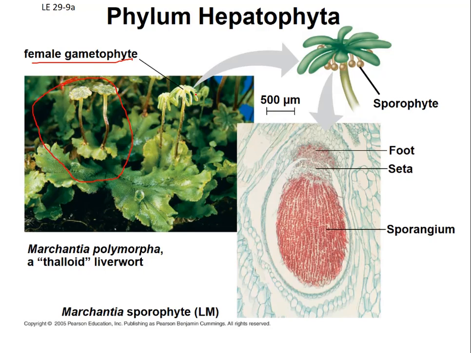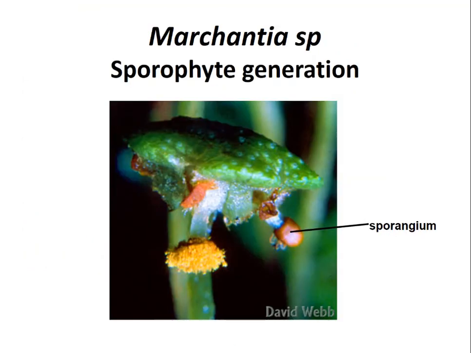Within the gametophyte, you can see there is a sporophyte containing a sporangium with spores. So this is a sporangium that contains spores in the sporophyte generation of Marchantia. Okay, this is all about non-vascular plants.